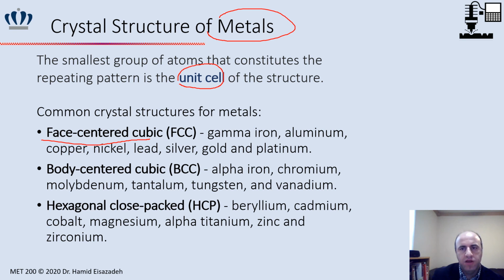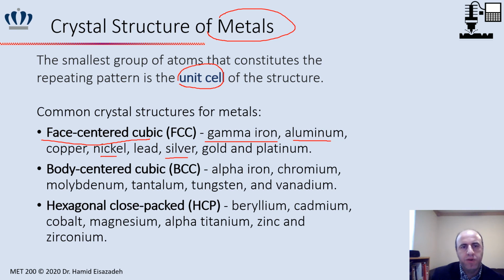For example, one material that has this type of unit cell is aluminum, and then iron as gamma iron. I will explain what gamma iron is later on. Silver, nickel, copper are some of the metals that have this type of unit cell.